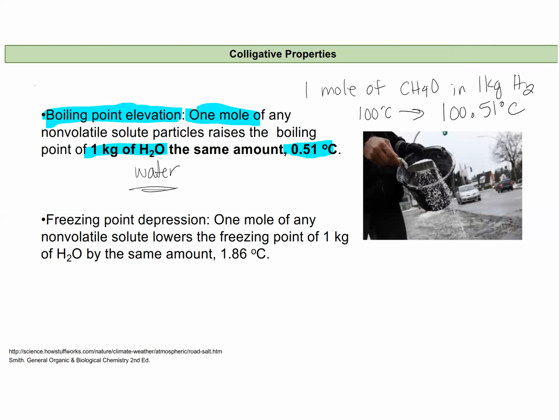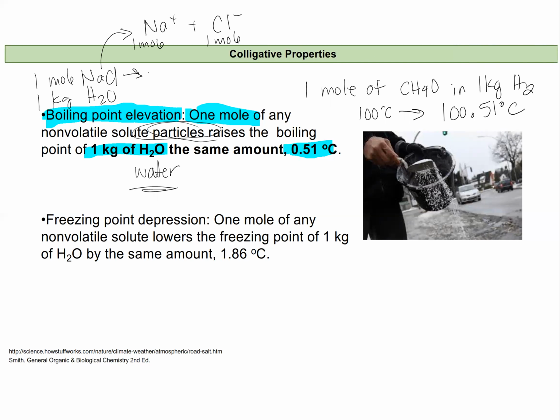Now, if I had 1 mole of sodium chloride in 1 kilogram of water, this wouldn't exactly be the same because it's the solute particles. So my sodium chloride in water becomes Na+ and Cl-. So I'll have 1 mole of my sodium cations and 1 mole of my chloride anions.